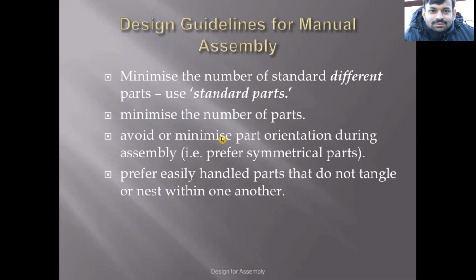That is, if any part is symmetrical about its axis, then it can be assembled in any orientation. But if it is unsymmetrical, then it has to be used in a specific orientation as per the provision given for it. Then the fourth point is to prepare easily handled parts that do not tangle or nest within one another. Such parts should be used which do not get entangled with each other and remain separate, or can be easily distinguished and easily handled.